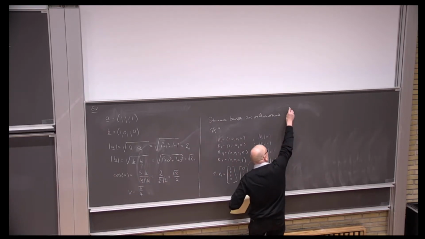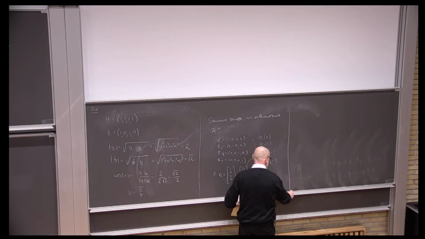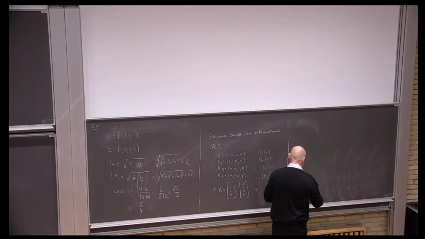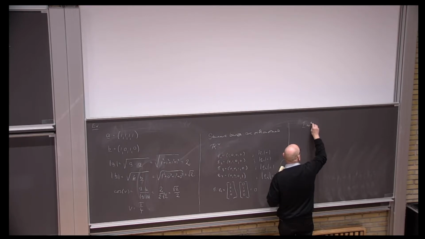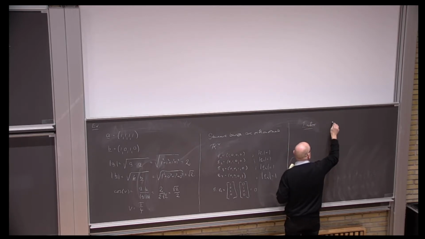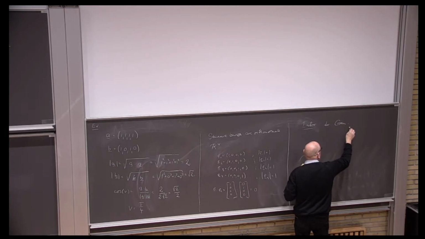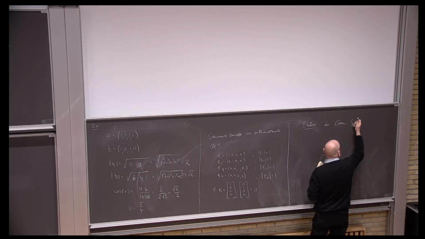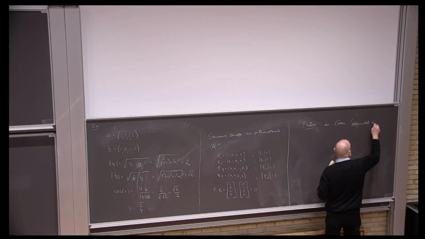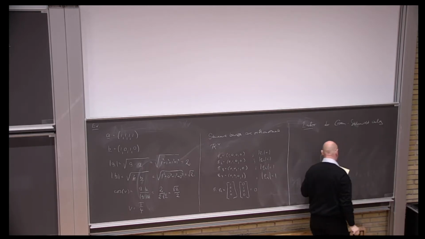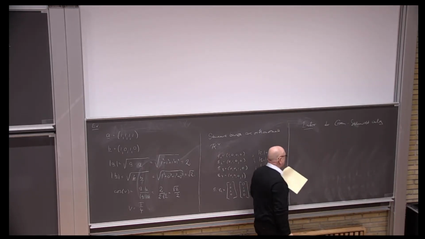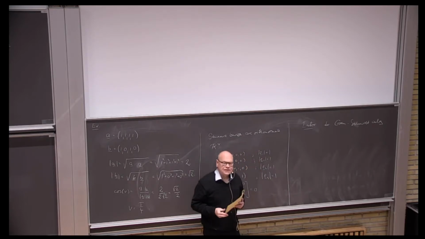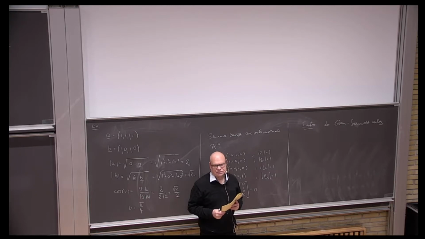But first of all, I would like to repeat, and this is kind of an intro to the Gram-Schmidt algorithm, what is the projection of a vector on a unit vector.